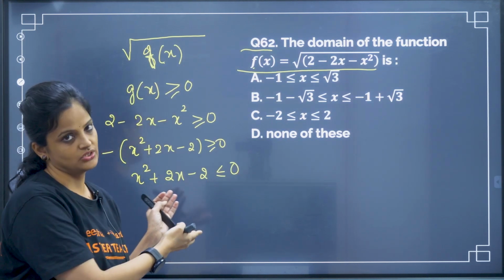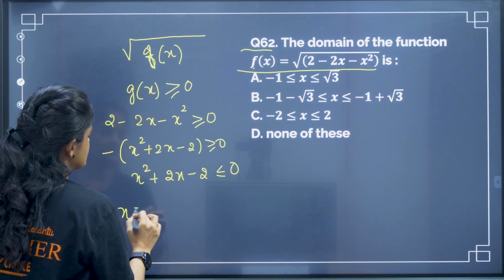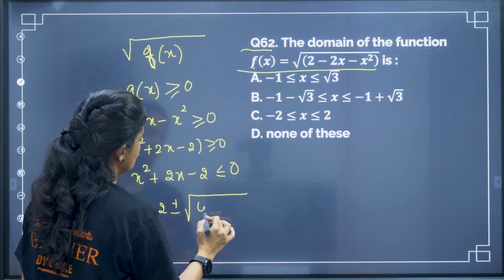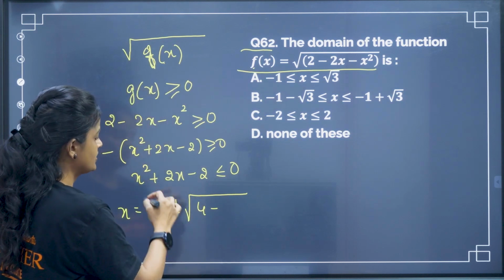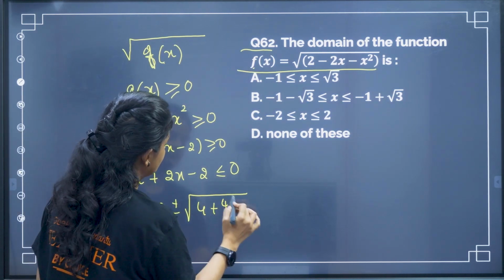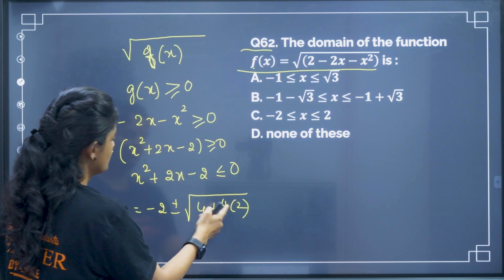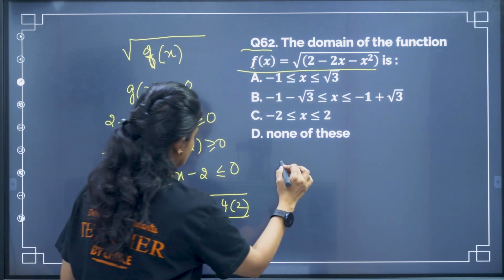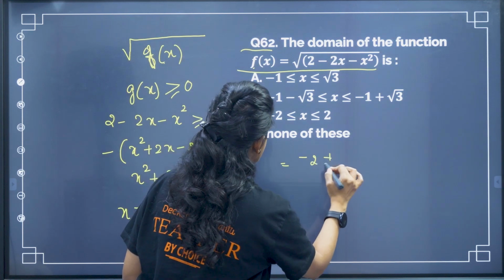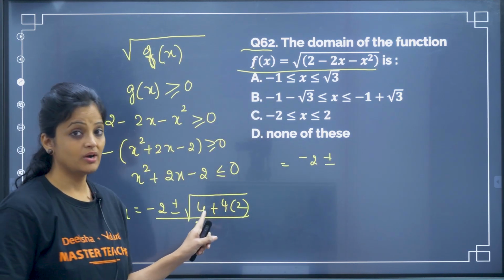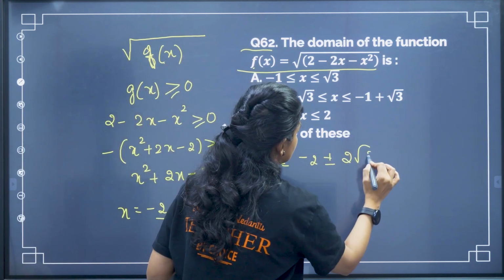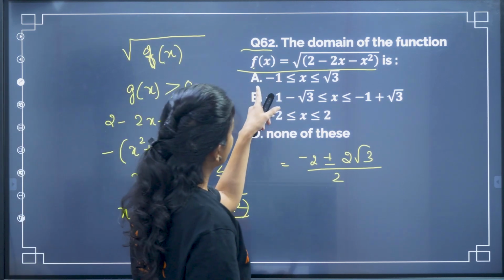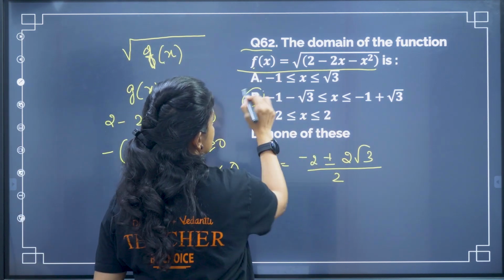If not by factorization, then use the formula x = (-b plus or minus under root b square minus 4ac) divided by 2a. So that will give you minus 2 plus or minus under root 4 plus 8, which is 12. Root 12 means 2 root 3, divided by 2. Cancel out 2 from that. Then we have minus 1 plus or minus root 3, option B.